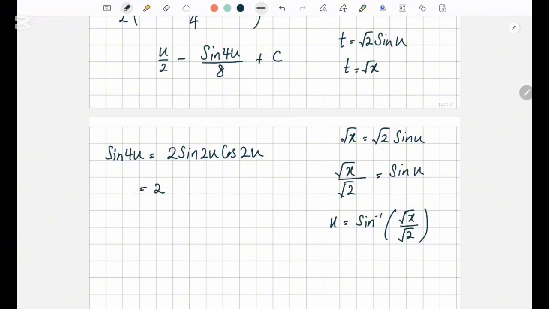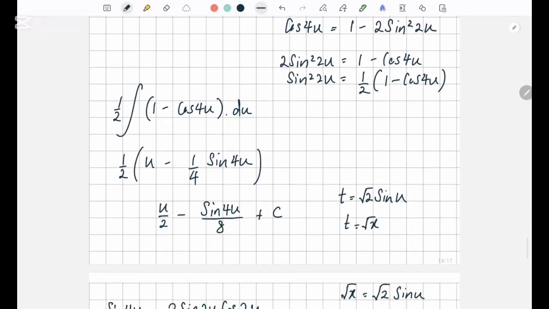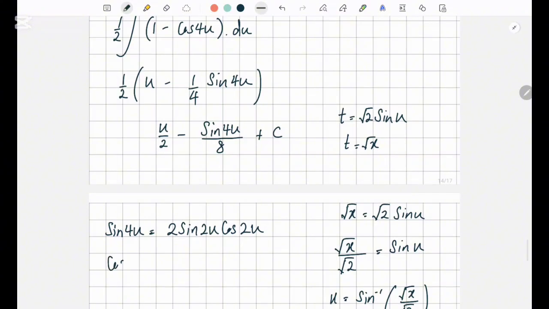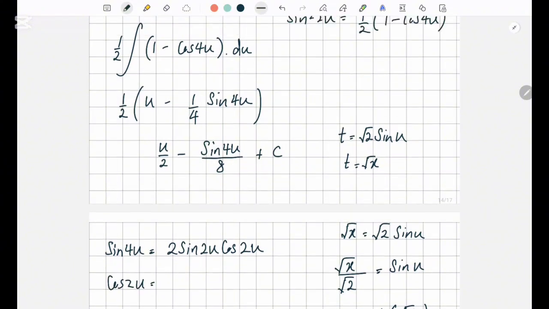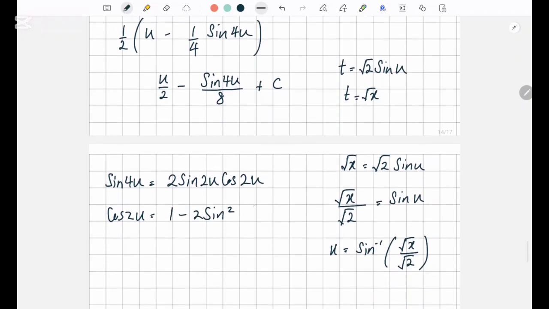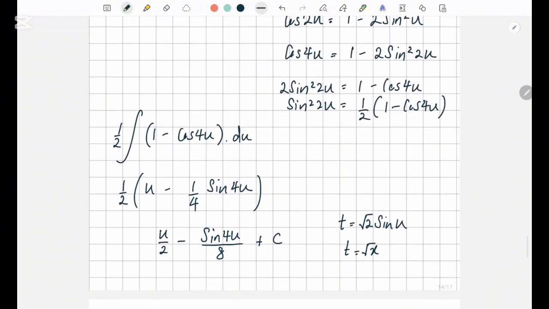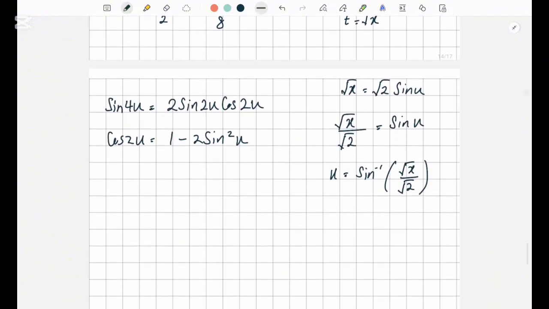Before we go any further, previously we had cos 2u equals 1 minus 2 sine squared u.